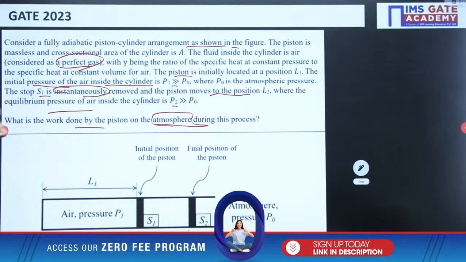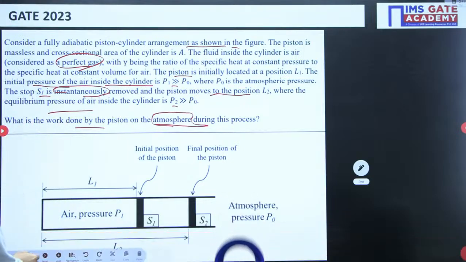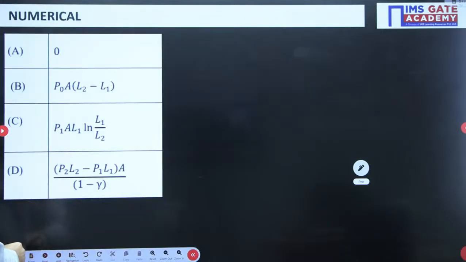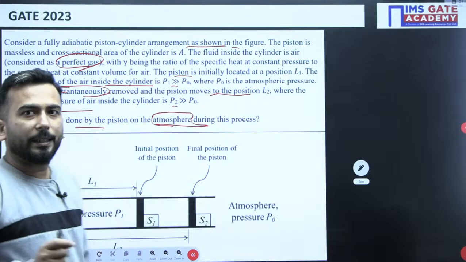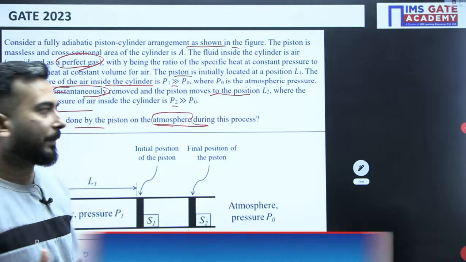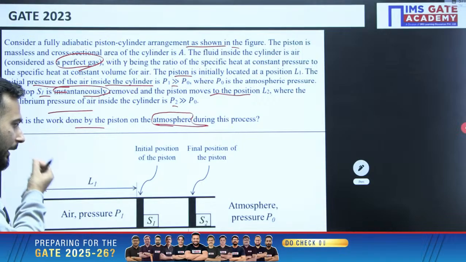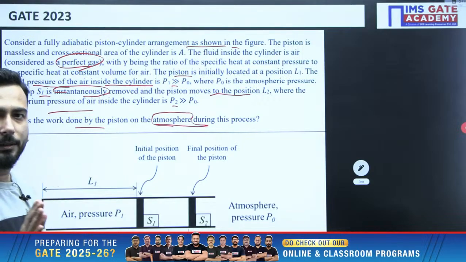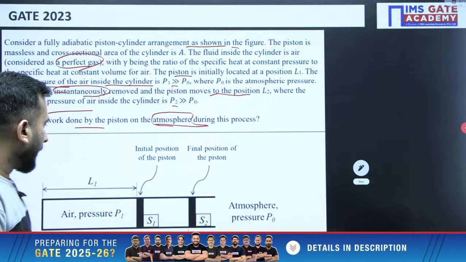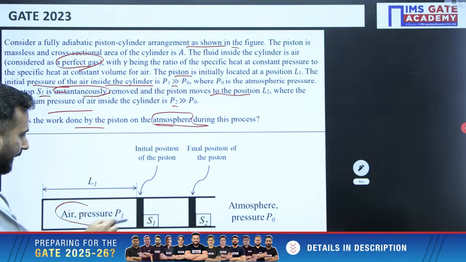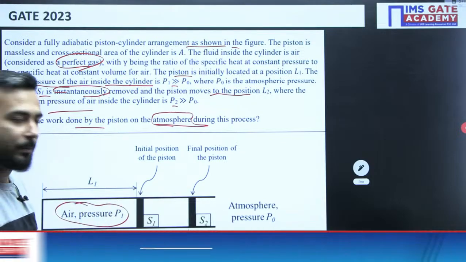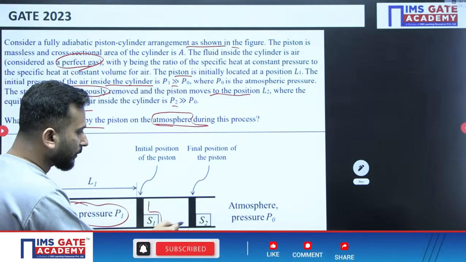So my dear friends, the options are given to you on the next page. One mistake you can make over here is that, first of all, he has not told you what your system is going to be. So it's not that this air will always be the system. Your system can be this air also.